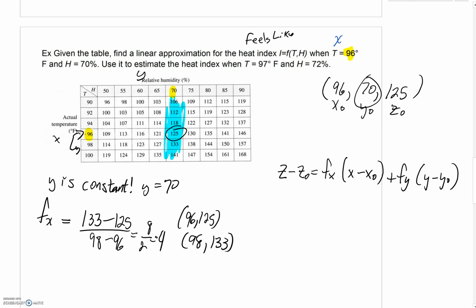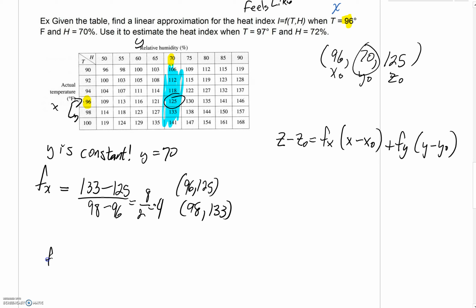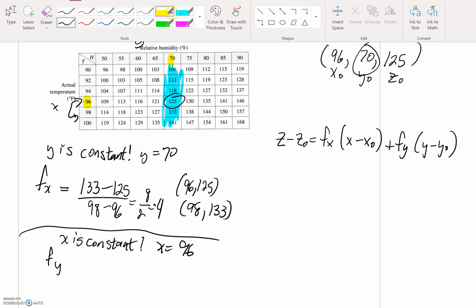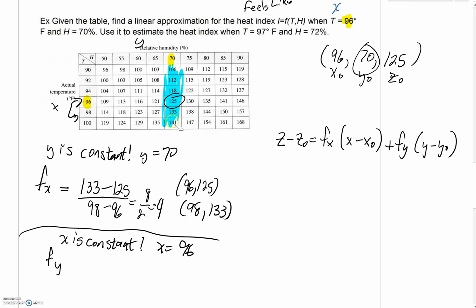Likewise, when we take a look at f sub y, we're going to say x is constant. And if x is constant, that means x equals 96. Well, this time, tell you what, I'm going to go ahead and just focus in on x being 96.